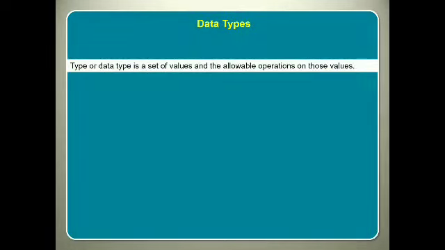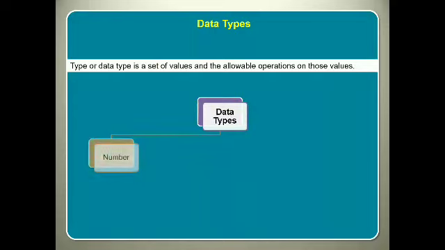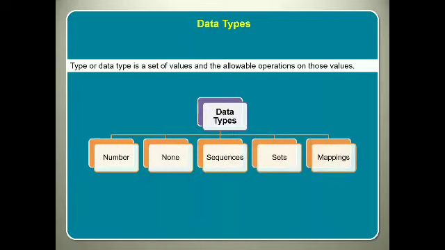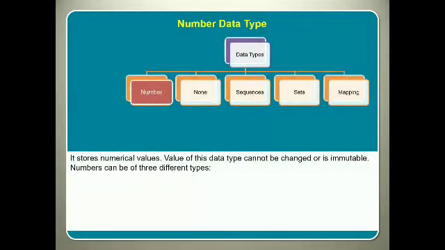Type or data type is a set of values and the allowable operations on those values. It can be one of the following: number, none, sequences, set, or mappings. Number data type stores numerical values.